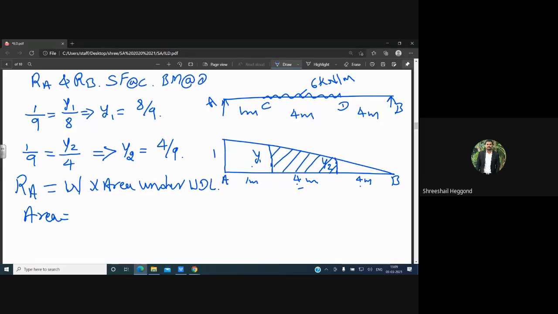Sum of parallel sides into half of the perpendicular distance between parallel sides, and that can be given as, ordinates are known to us, that is 8 by 9 plus 4 divided by 9, whole divided by 2 into the perpendicular distance between parallel sides of 4 meter.